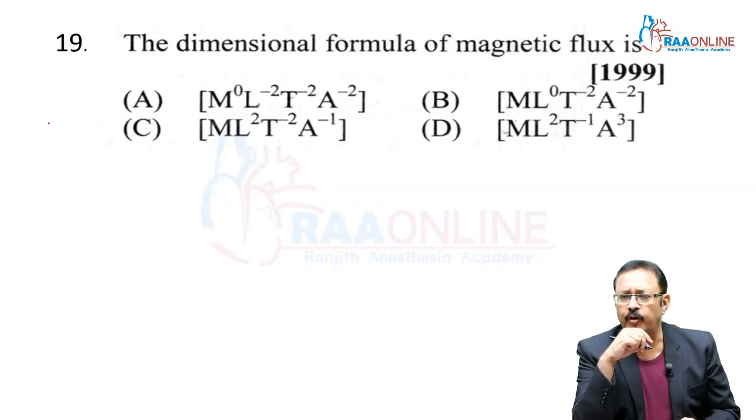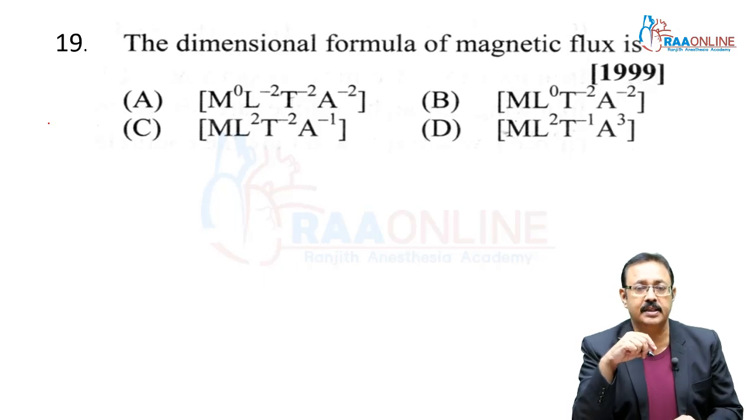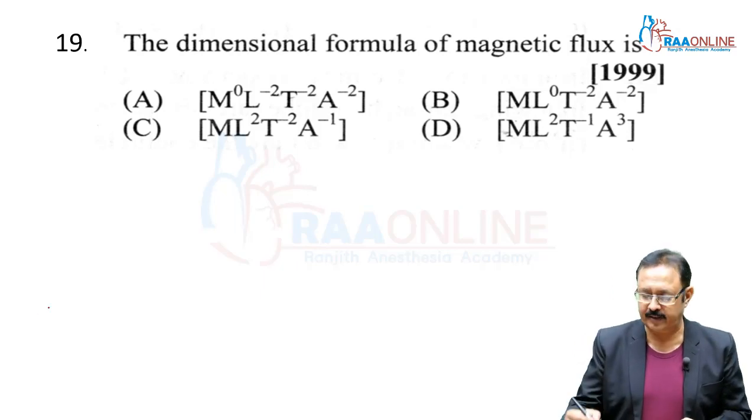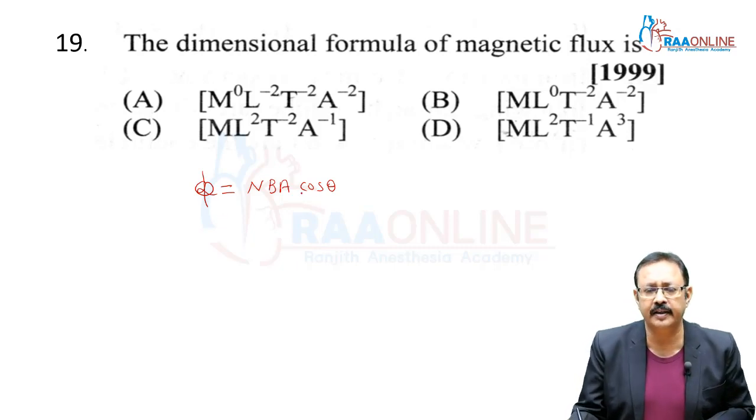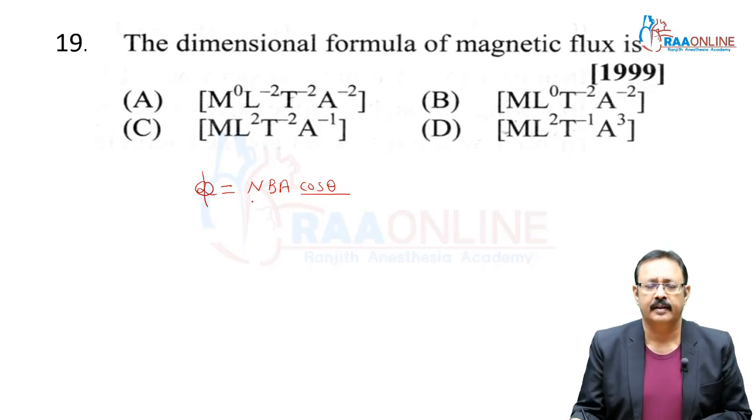The dimensional formula for magnetic flux is. We know the formula for magnetic flux, phi is equal to NBA cos theta. Cos theta is dimensionless and N is dimensionless. So we have to multiply B and A. Where did we see magnetic field? Force ILB sin theta.